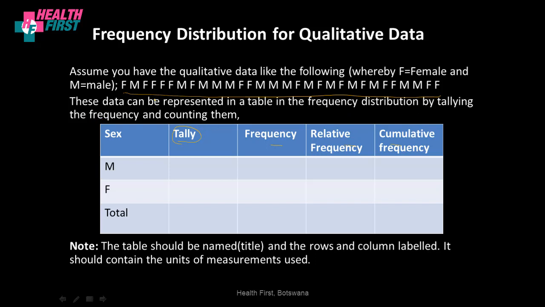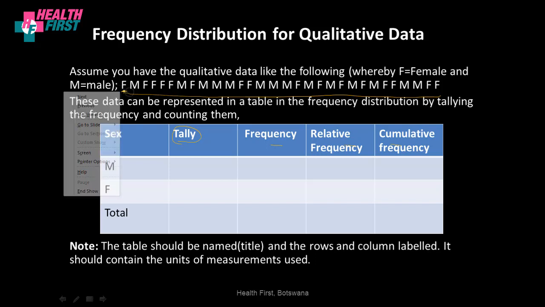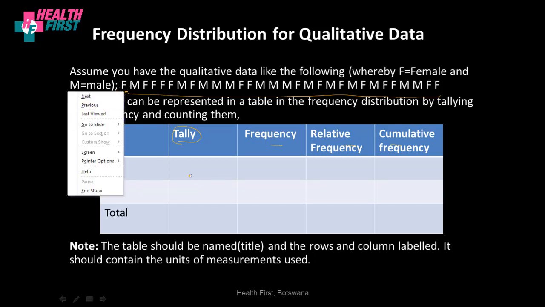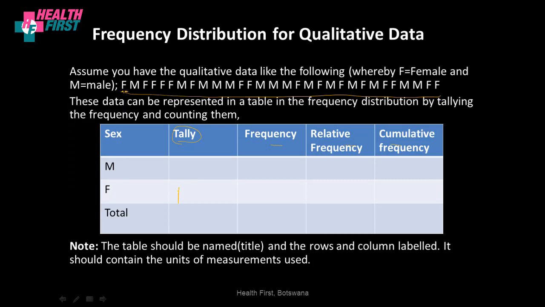So when we tally, basically what we will do is we look at the data and we just start from the beginning. We have F here for female, so we'll put a tally mark for female. We have M for male, tally mark for male, and we just continue doing that for all the data points.